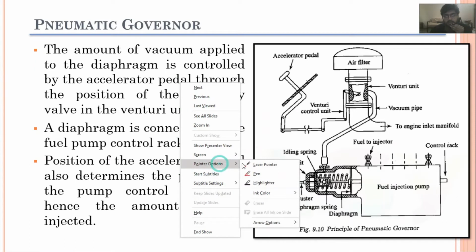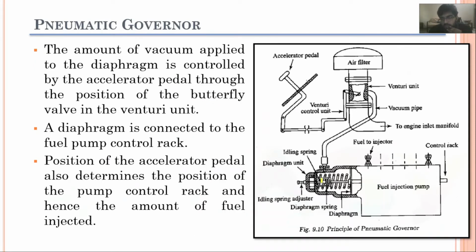Here you can see the important thing to understand is that we have a diaphragm unit in these pneumatic governors, and these governors, as the name suggests, are operated pneumatically. Whenever you see the word pneumatic, it means something is being actuated by air.